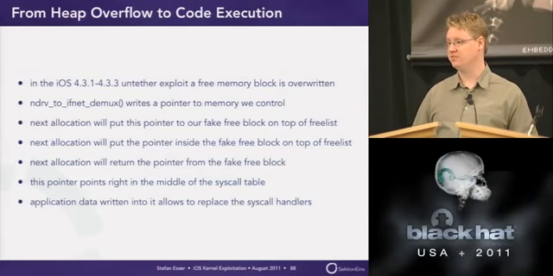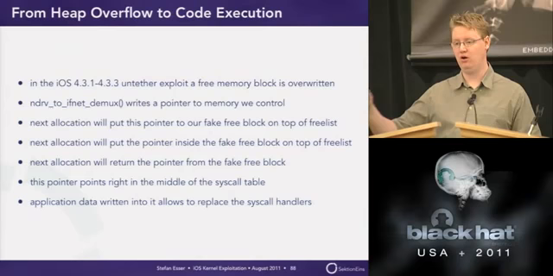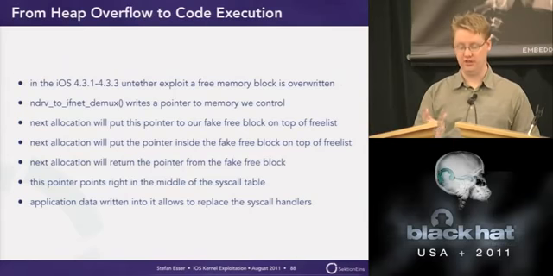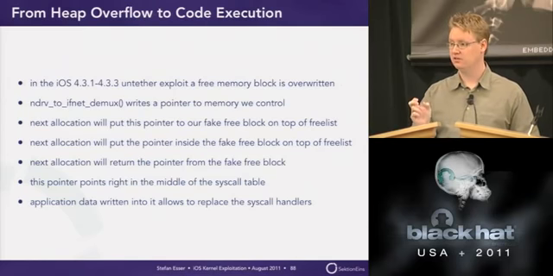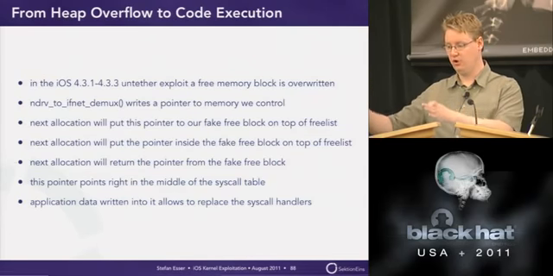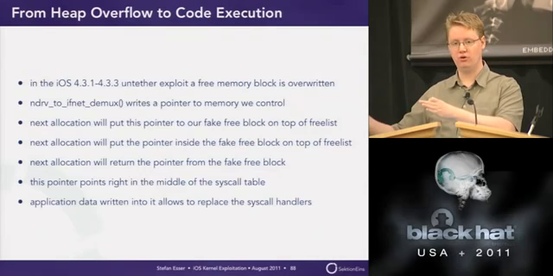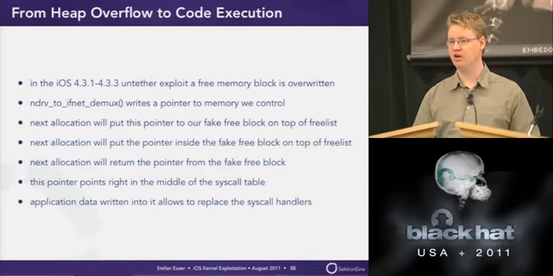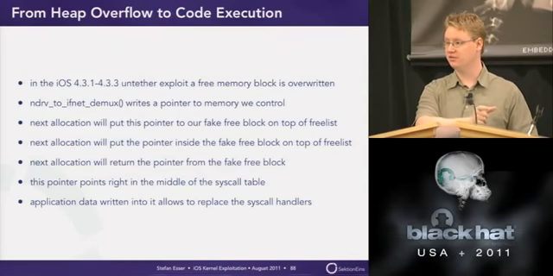So the next time something is allocated, it will actually put the block that we control into the head of the free list. The next time something is allocated, the block that we completely control is taken and returned, and the first 4 bytes that we completely control will be made the head of the free list.